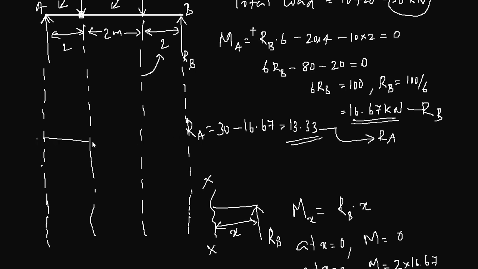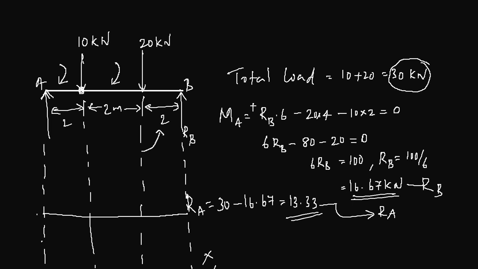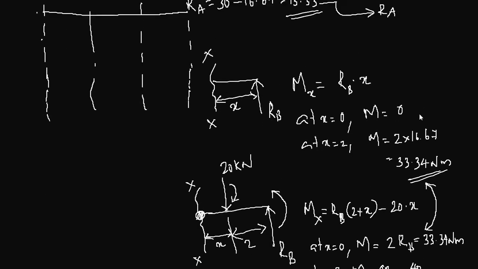So you have a straight line, and at this point your moment is the moment of the first section, that is, where is it? Yeah, this is 1, so that's 0.